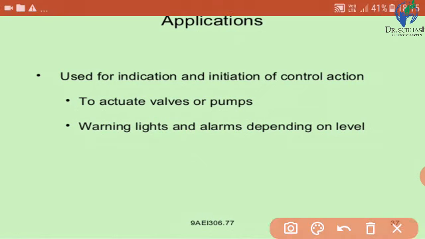Now applications. Used for indication and initiation of control actions. See, we can use it in two ways. One is only indication. It means we can know only the level, and in some industries this is enough, and the output of this level measurement is given to some control action.